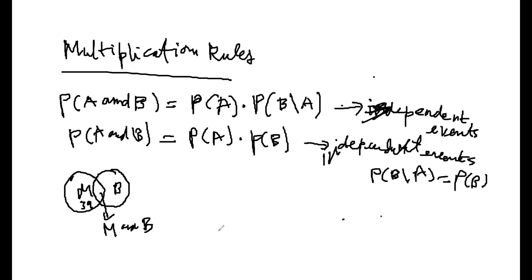The one that is male and code B is 17, so you got 17 for this one.